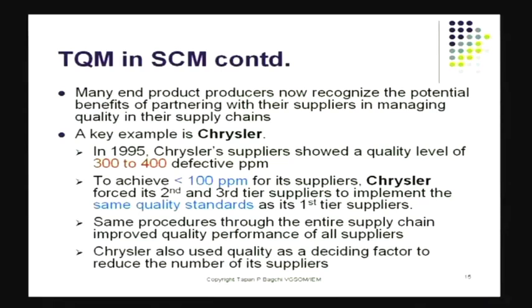In 1995, the Chrysler company looked at the quality of its suppliers. And what it found was that the defect levels of these suppliers, many of them ranged between 300 to 400 parts per million. That's a very high level of defectives coming into the plant. And that means this company, Chrysler, could not go into JIT directly.